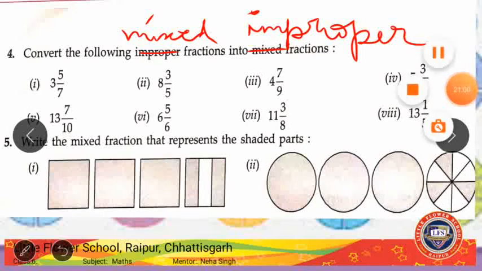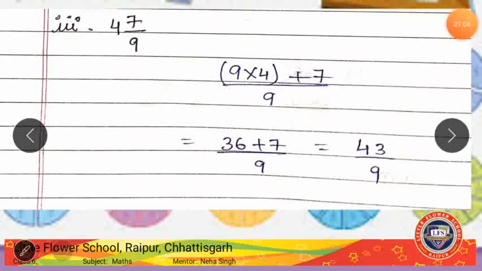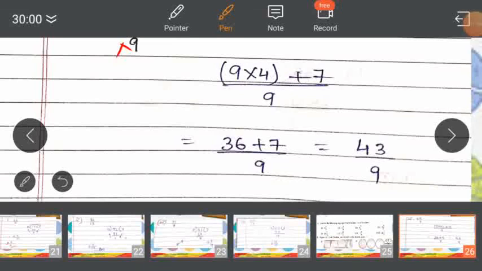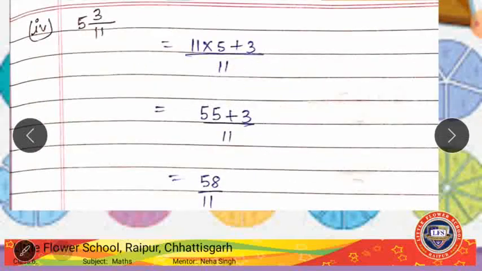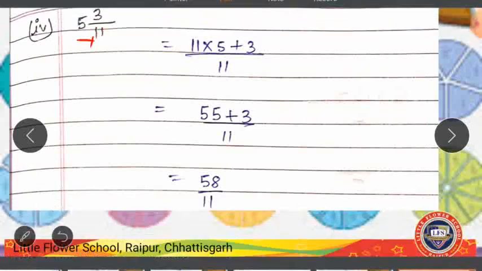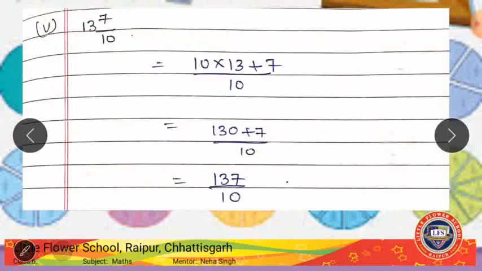So how can you do this? See, what you will do, here multiply and here add, right? 9 into 4 plus 7, 9 4s are 36 plus 7, 43. So this is your answer. Similarly, multiply and plus. The multiply process is the same again.